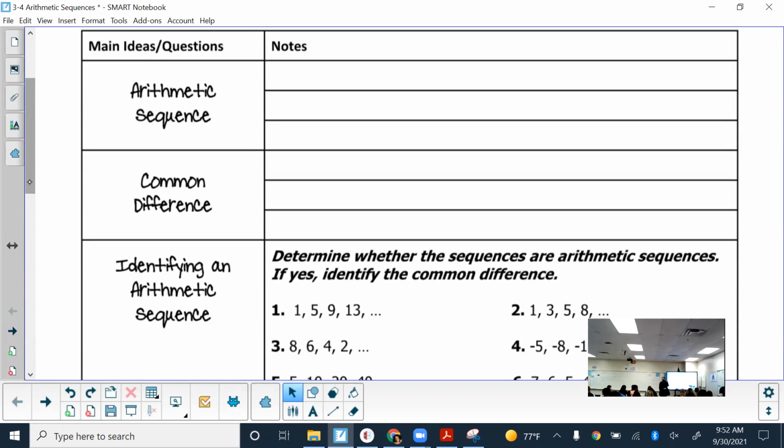So first, some vocab. All right, we have arithmetic sequences.